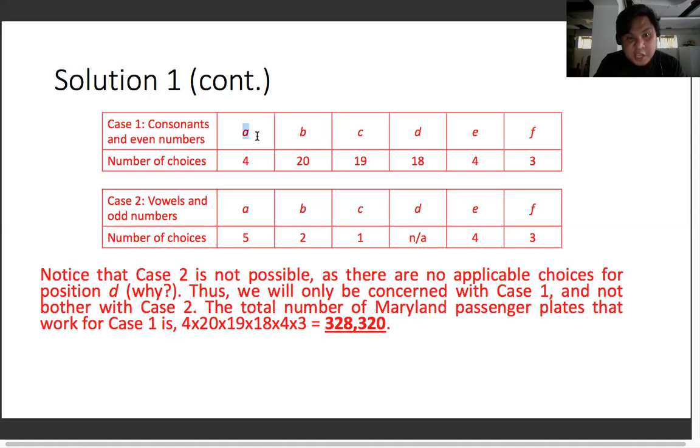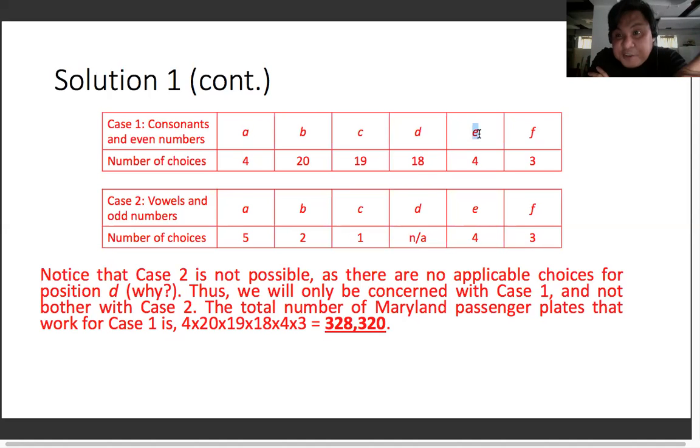For position A, you have 5 possible even digits, but since you cannot use 0 here, you only have 4 possible choices: 2, 4, 6, or 8. That's why it's 4 here. Now, as you go to position E, which is the next number position, you should have 1 less choice, so only 3 possible even numbers.